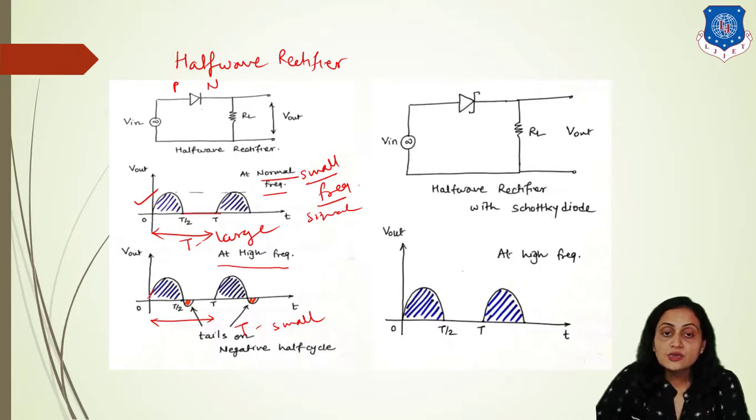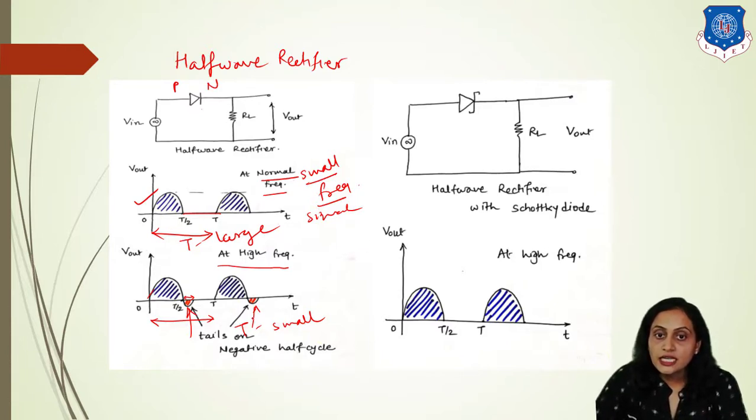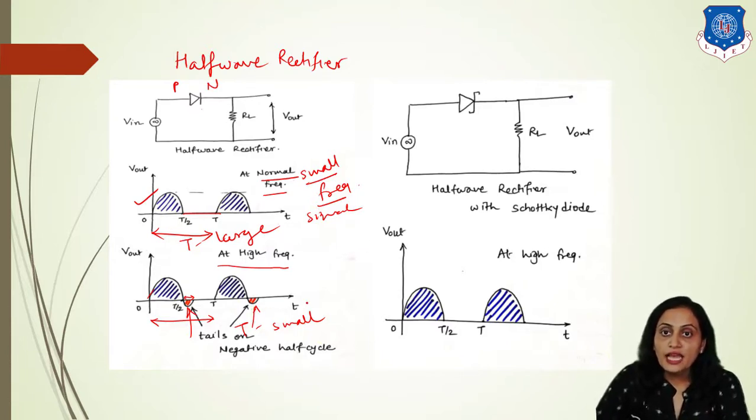So when it switches from forward bias to reverse bias, for some time period there will be a flow of carriers, and that causes these tails on the negative half cycle. This is in the high frequency signal. So this tail shows the carrier movement is still there even though we have switched from forward bias to reverse bias. These tails in the negative half cycle can be eliminated if we use the Schottky diode.